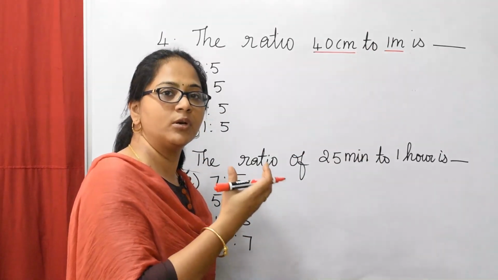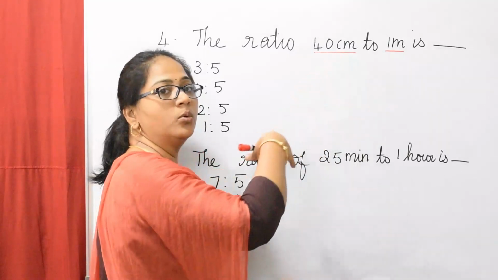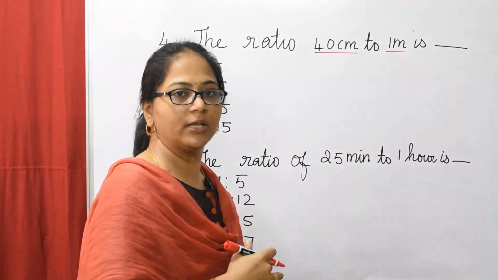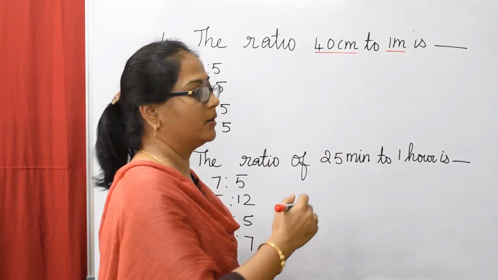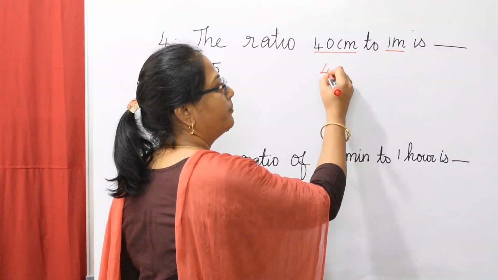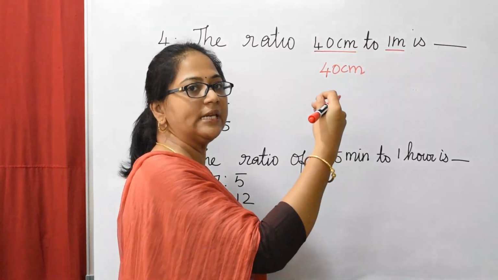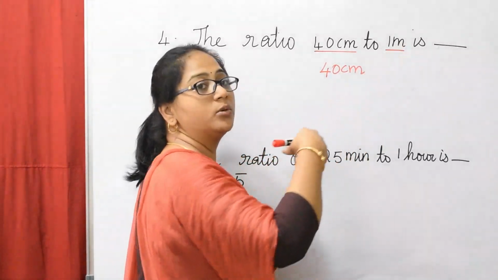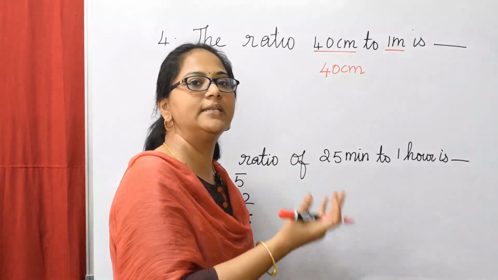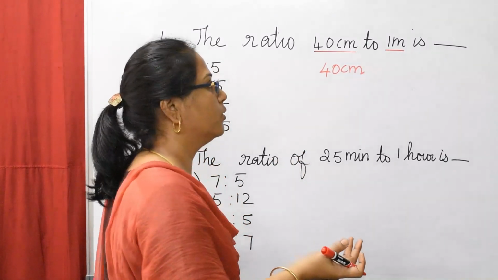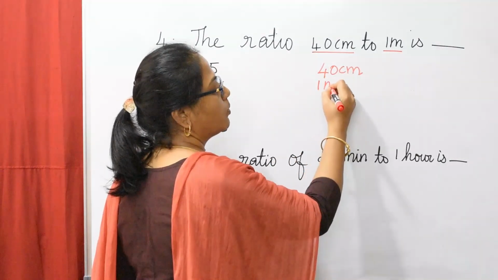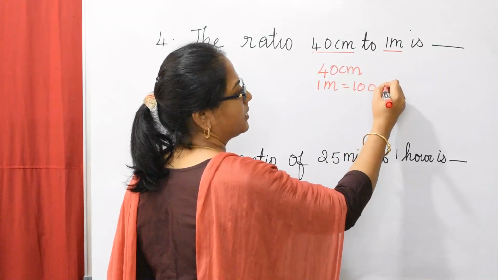So we have to convert either one to the other unit so that it will be easy for us to compare. It is always easy to convert a bigger unit to a smaller unit because we can multiply. Understood? So now what is 1 meter? 1 meter is equal to 100 centimeter.